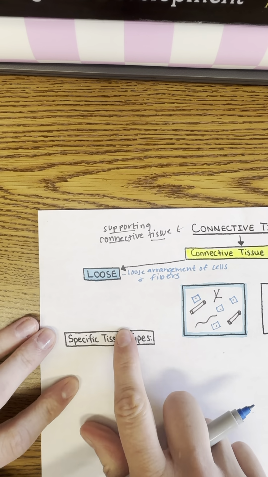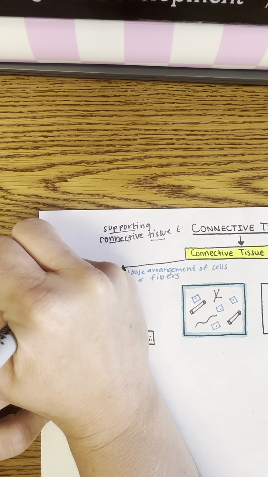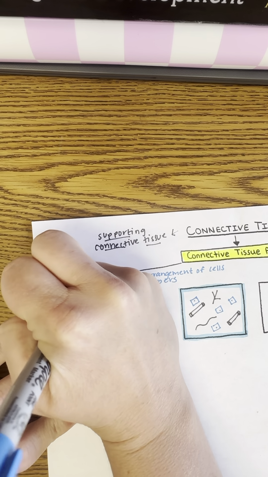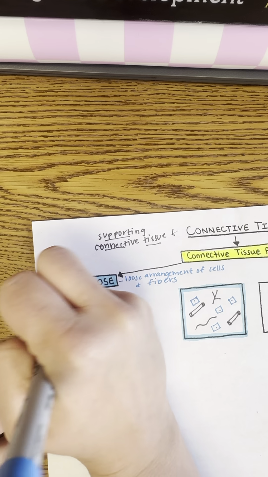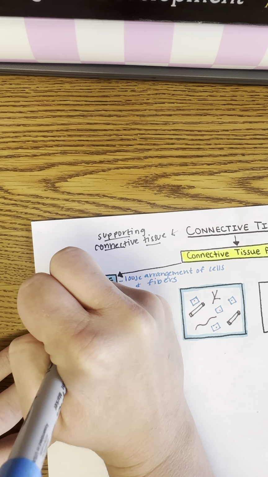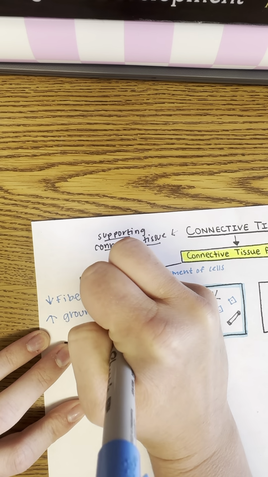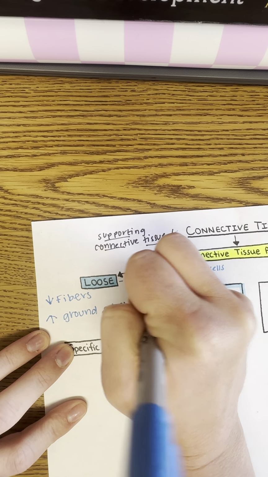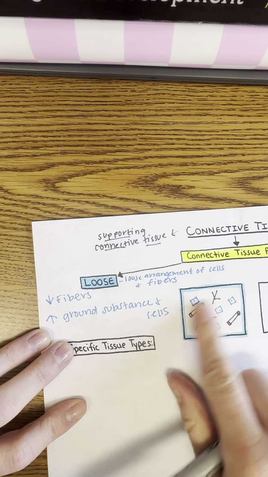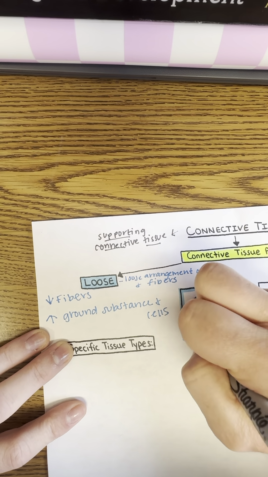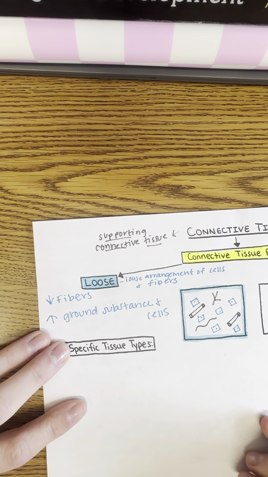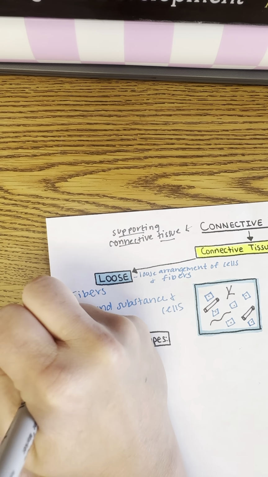So when it comes to loose connective tissue, we like to think it doesn't have too many fibers, so a decrease in the amount of fibers, but a lot of ground substance and cells, which is why I drew more cells. We can actually add a couple more if we wanted to, just to really send that message home. Okay.